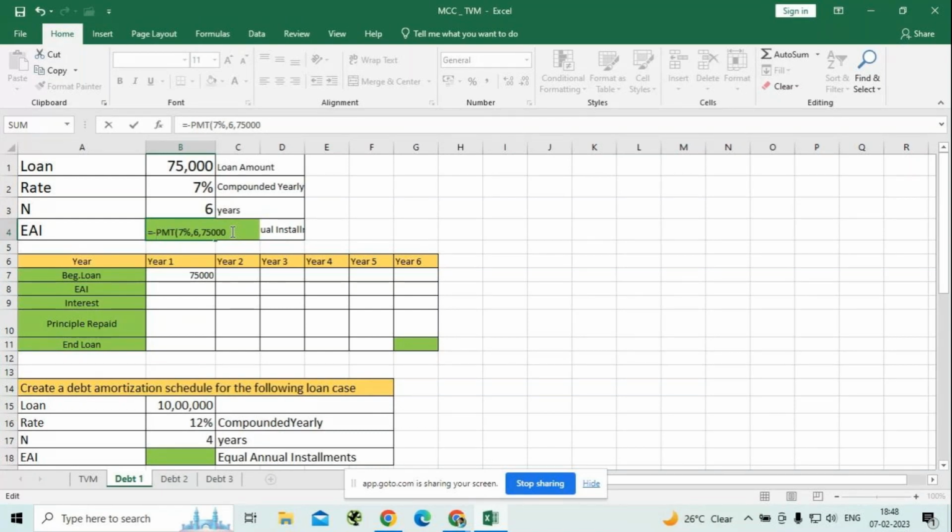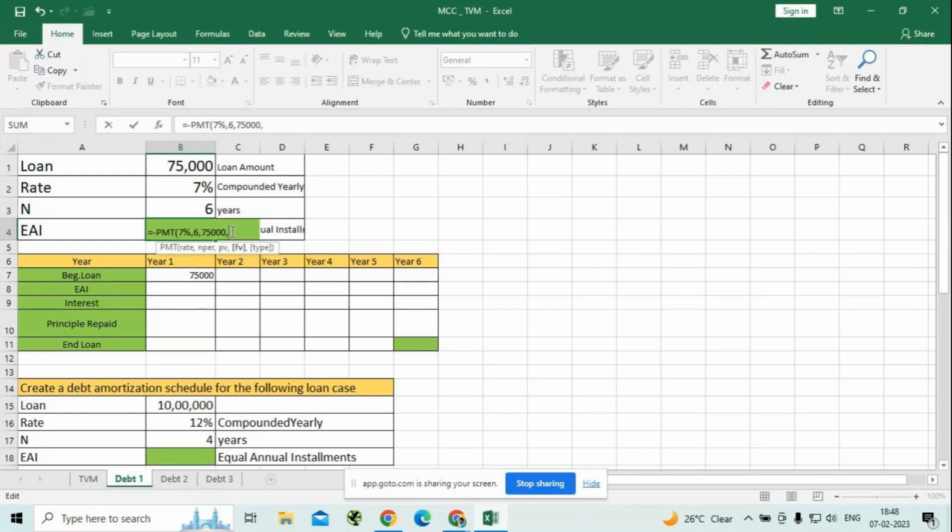When doing a calculation, you should see whether the cash is coming in or going out. When cash is coming in, we accept it as a plus value. When the money is going out, either in the form of cash or bank, you show it as a minus value. Because EAI we have to pay, we show it as a minus. Is that clear?